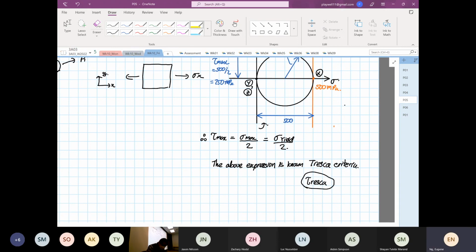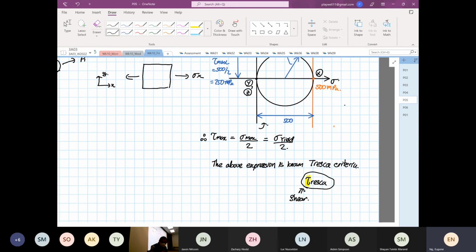If you look at the T, I replace it with a tau, and the tau is also known as shear. That's how I spell Tresca, because I can't remember. So that's the Tresca criteria.